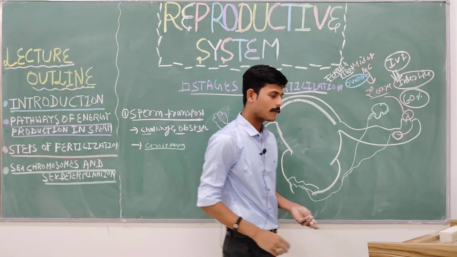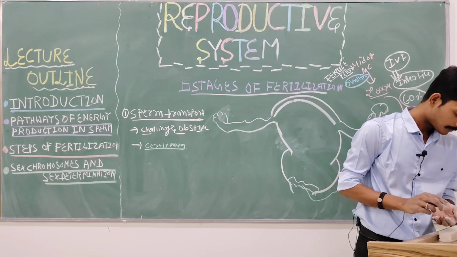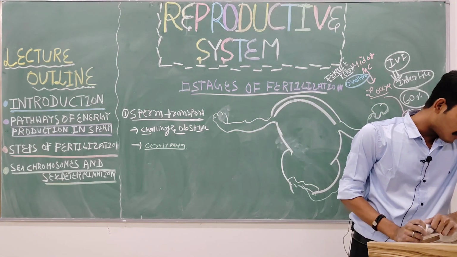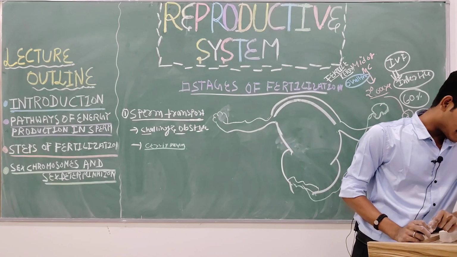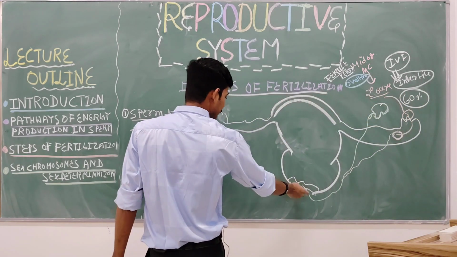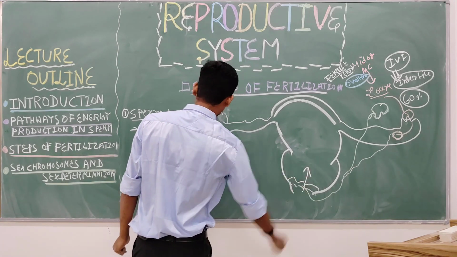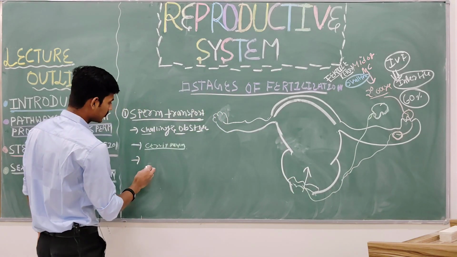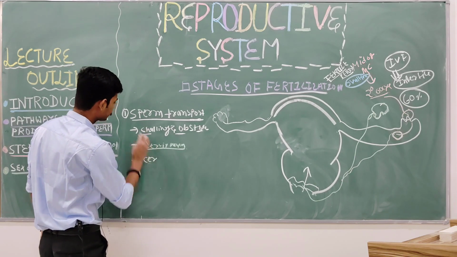Fine, no problem. Now, the second problem faced by the sperm is the cervical canal. This is a very narrow canal.